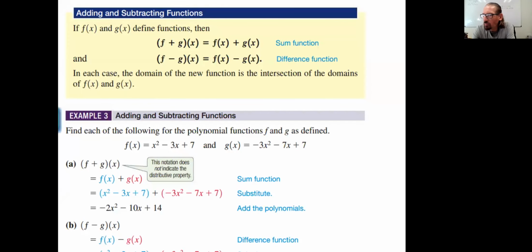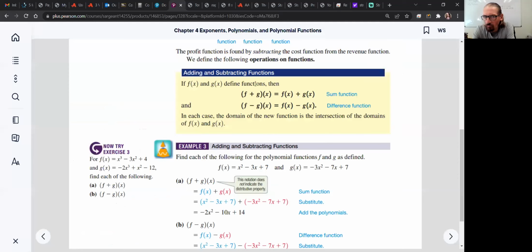For the remainder of the assignment, they talk about sums and differences of polynomial functions. And on page 304, we see this. Notice that the domain would be whatever the intersection of the domains of the original two functions are.